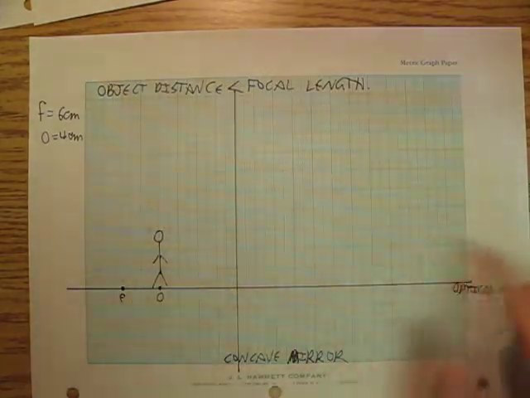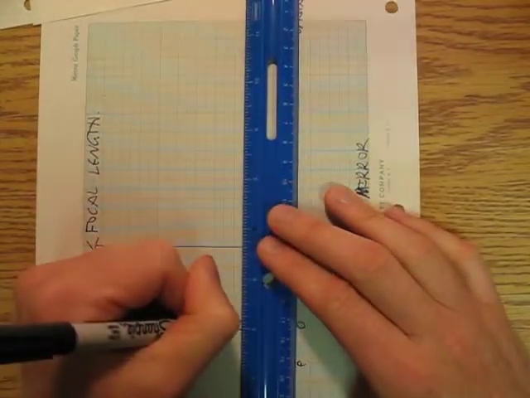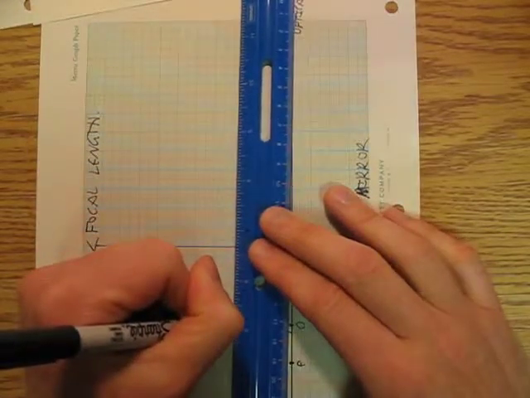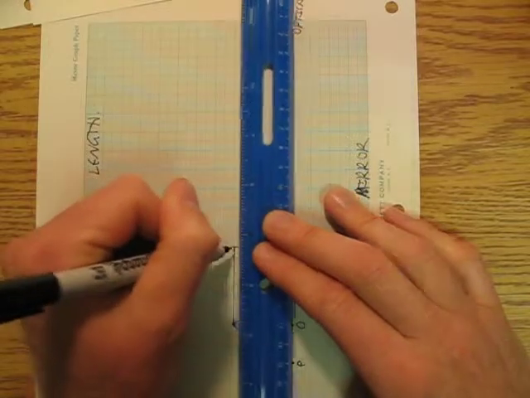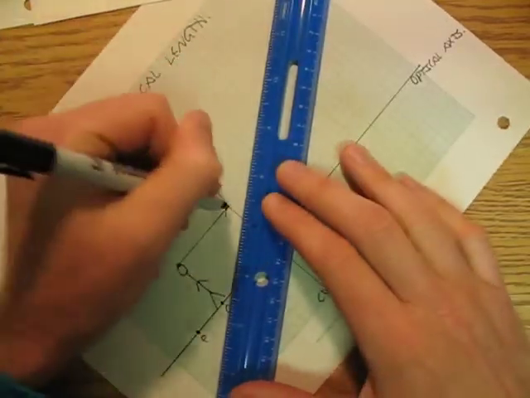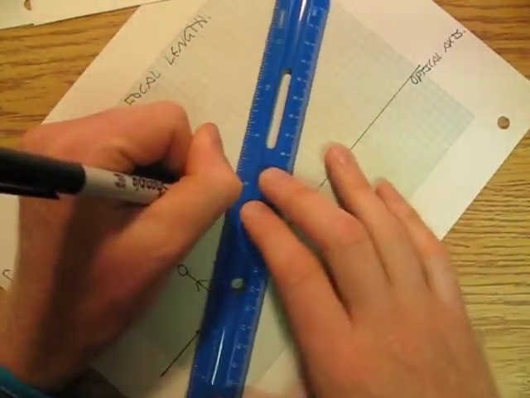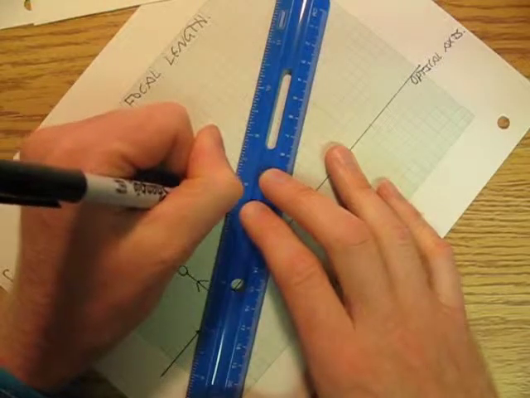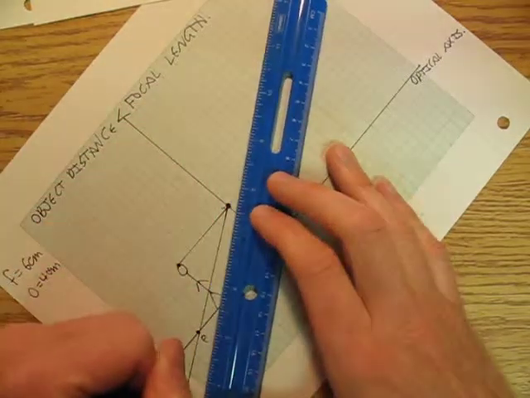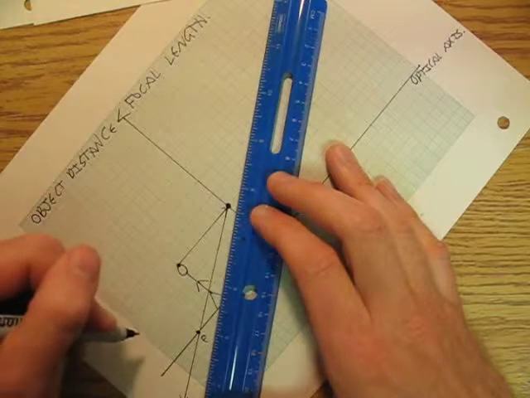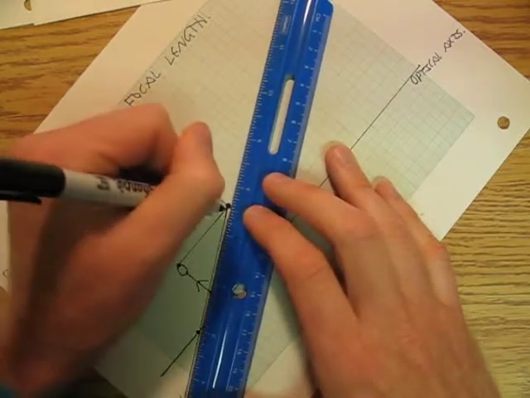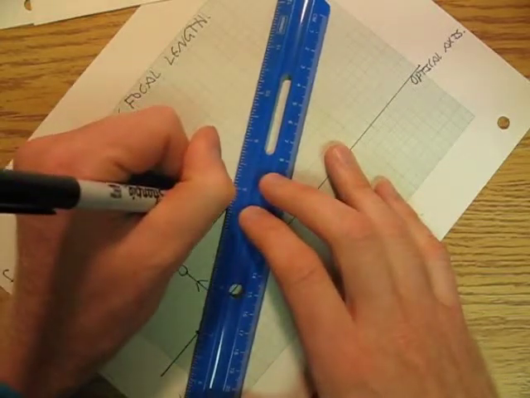Alright, so I'm going to continue with my regular old ray tracing. I'm going to go in parallel, and I'm going to go out through the focus. Probably missed that a little bit. I'm going to try to redraw it a little bit.